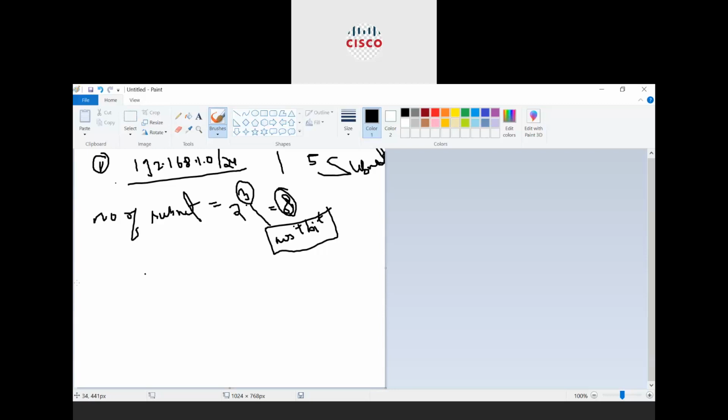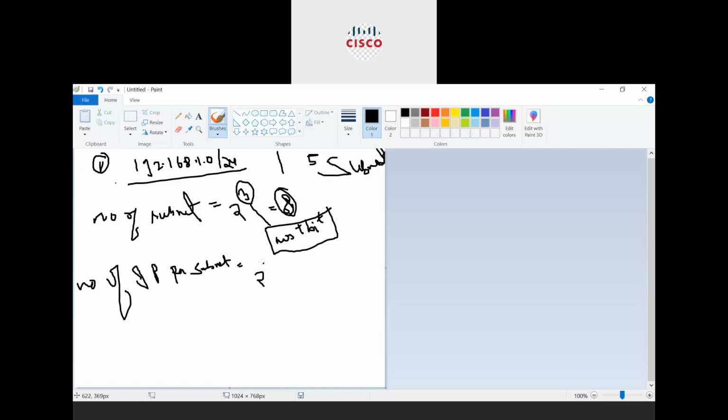Now, the number of IPs per subnet is 2 raised to power remaining host bits.